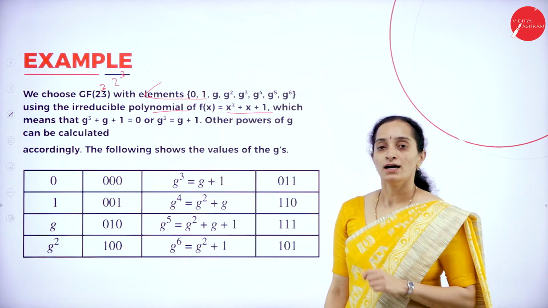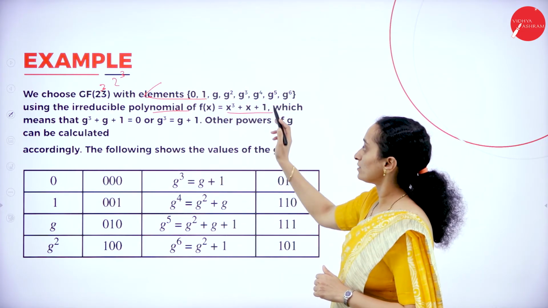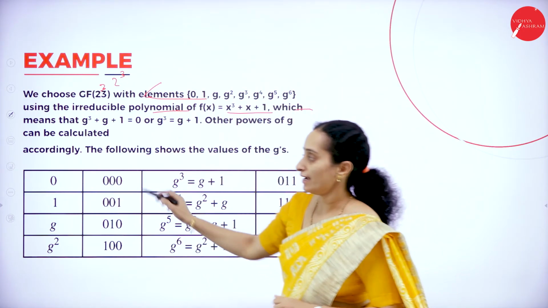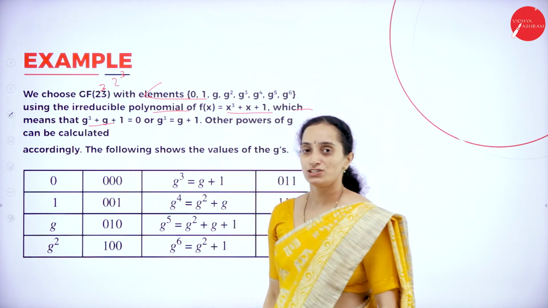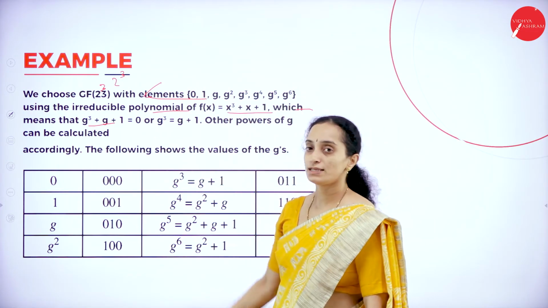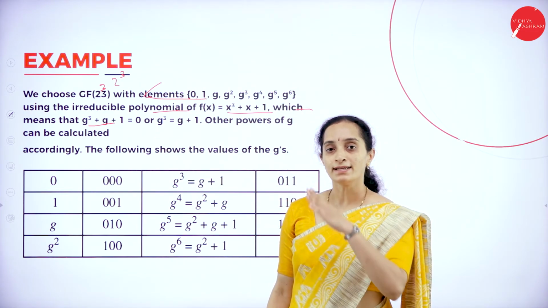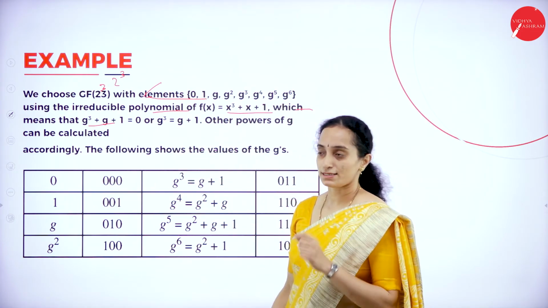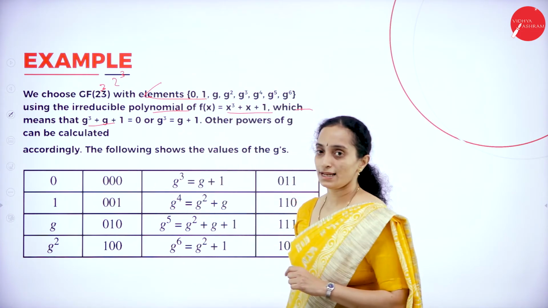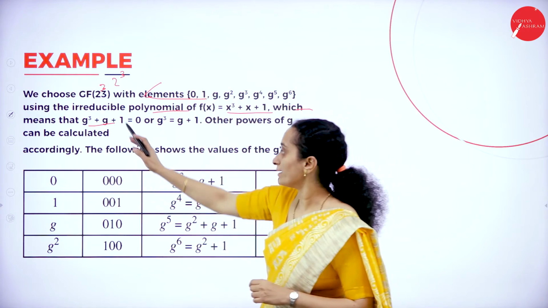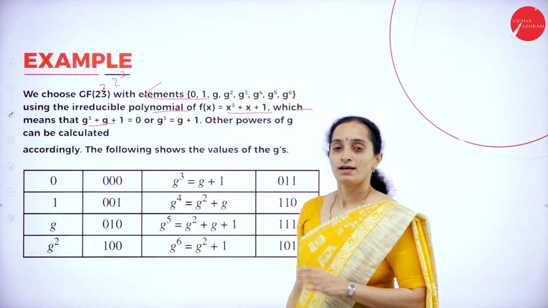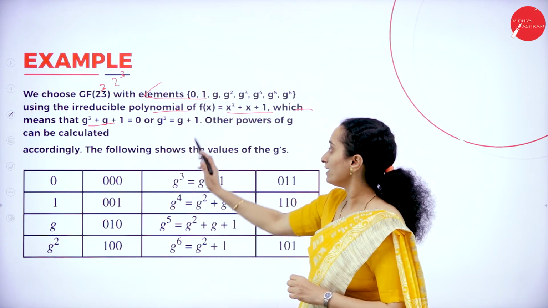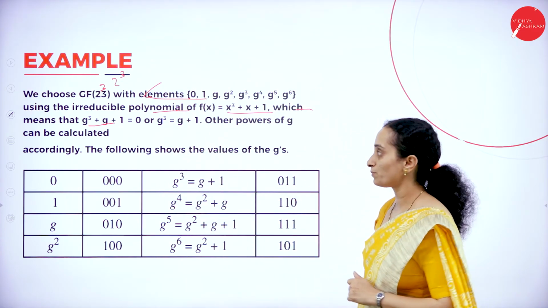So with the irreducible polynomial f of x, g3 plus g plus 1 is equal to 0. As I said, the points on the same straight line will give the sum 0, so g3 equals g plus 1. If you take it to the RHS, g to the power of 3 is equal to g plus 1.